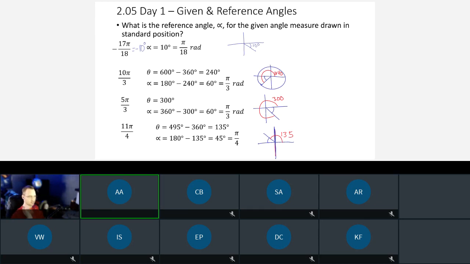Emily was asking if you could explain how you got 10 in the first one. So Emily, I think you showed me this to convert that negative degrees into a positive coterminal value. So that negative 10 degrees, we want to add 360 to it.